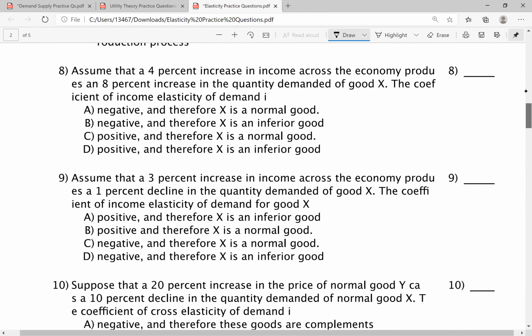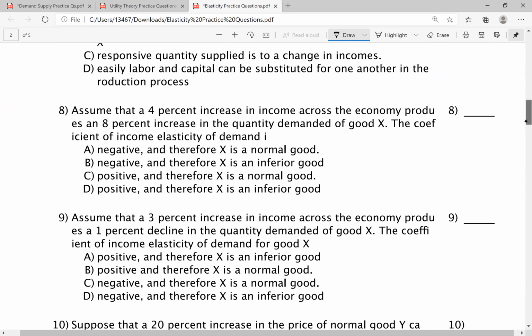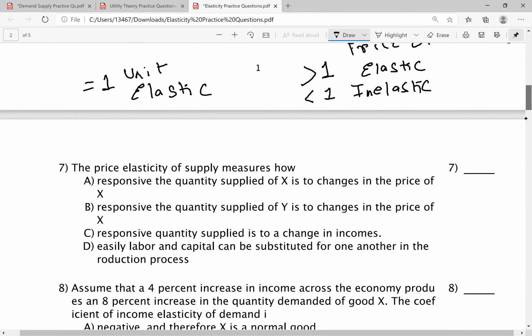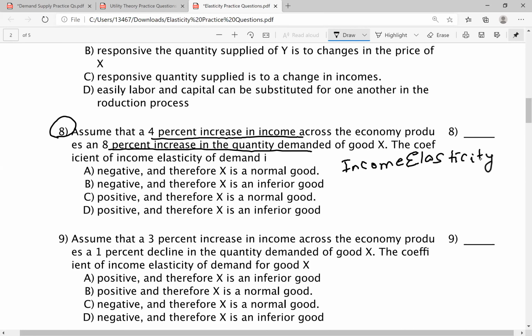All right, let me go and see which questions to look at. I'm going to look at some complement questions, some cross price elasticity questions, and some income elasticity questions. Take a look at question number 8. It's telling me there is a 4% increase in income and 8% increase in quantity demanded. So when you are looking at income elasticity, unlike the price elasticity, the sign is very important.